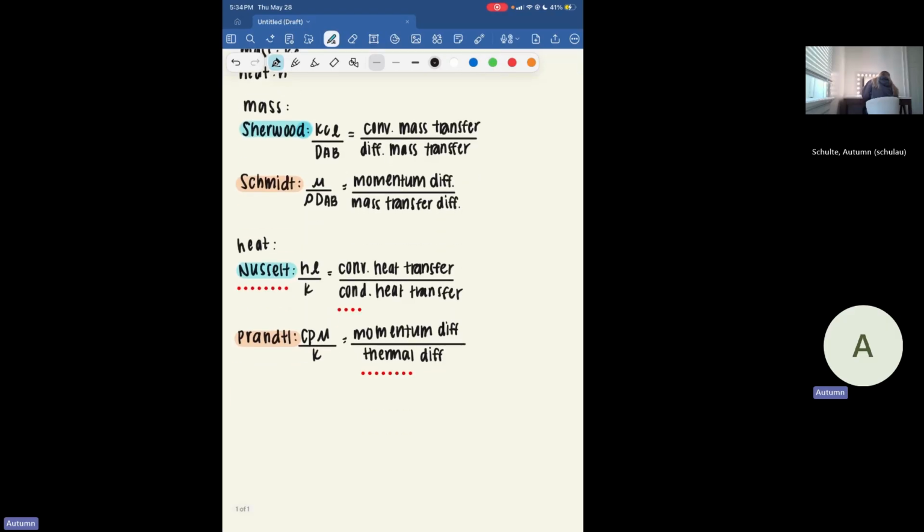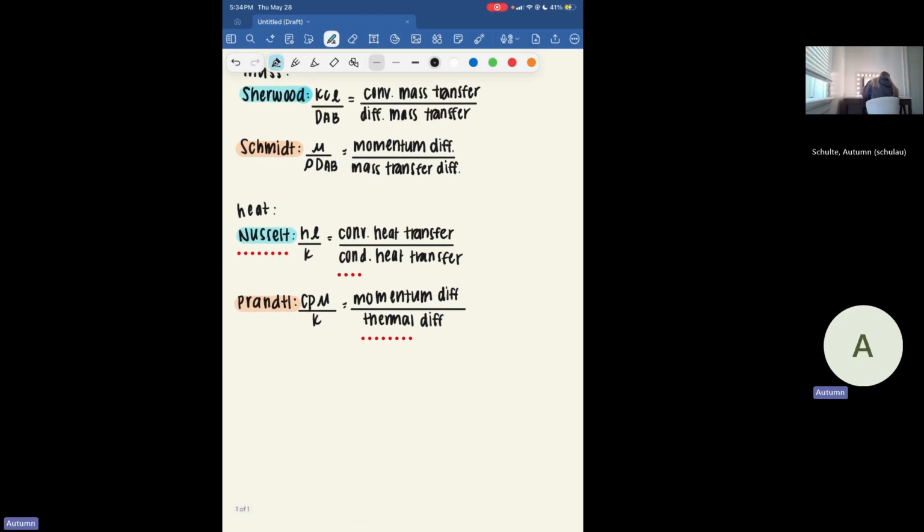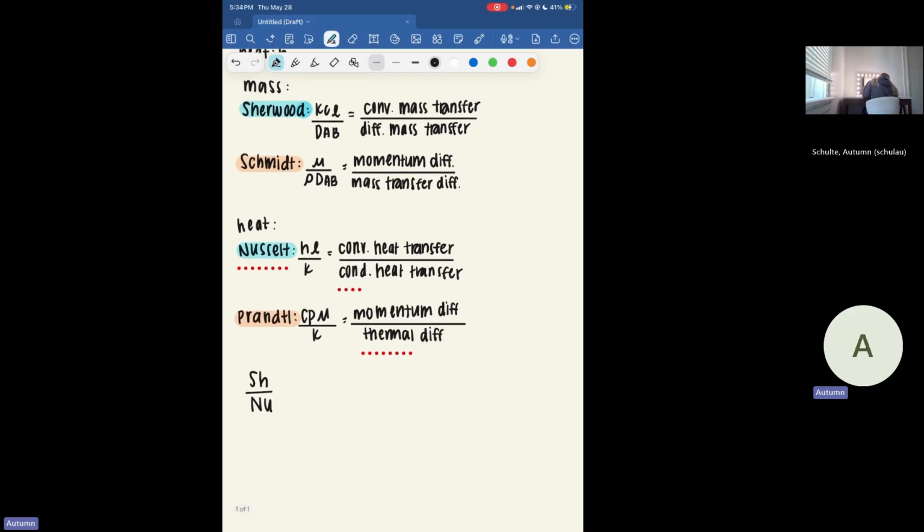And so we can take this a step further and actually divide our Sherwood number by the Nusselt number. If we do that, we can plug in our values here.